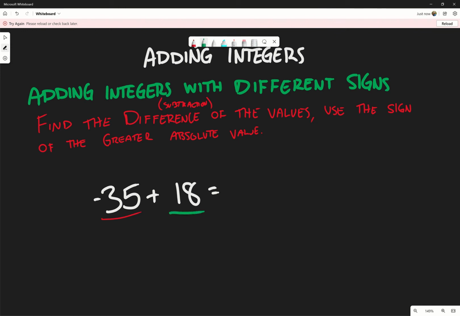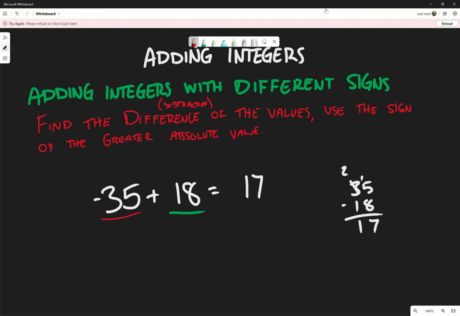So since they're different, I'm going to subtract. I'm going to say, okay, what is 35 minus 18? Well, we go here, 15 minus 18, that's going to be a 7. 2 minus 1 is 1. It's going to give me a value of 17.